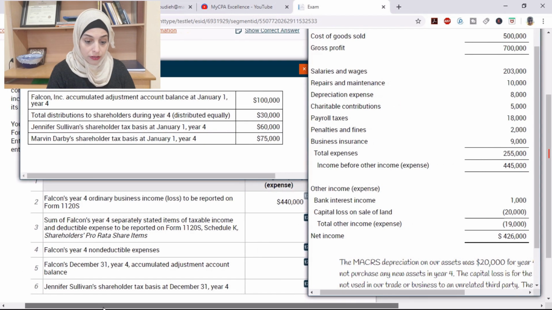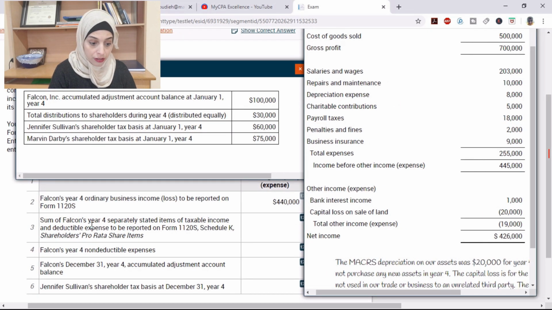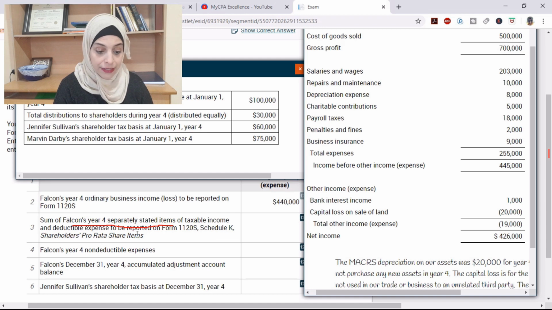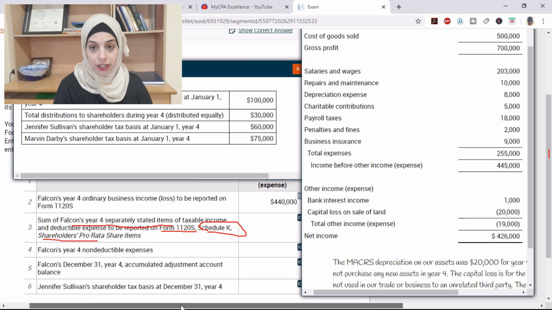With respect to the second question, they want the sum of Falcon's year 4 separately stated items of taxable income and deductible expenses that should go in Form 1120S, specifically in Schedule K, which talks about the shareholders' pro rata share items.